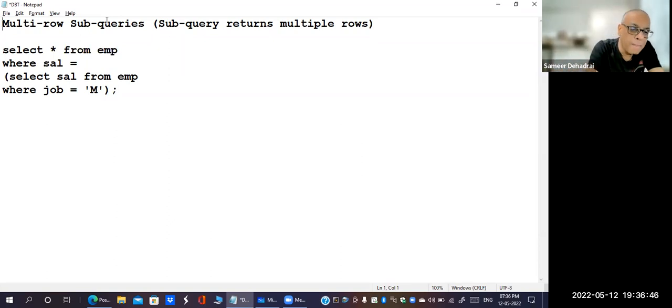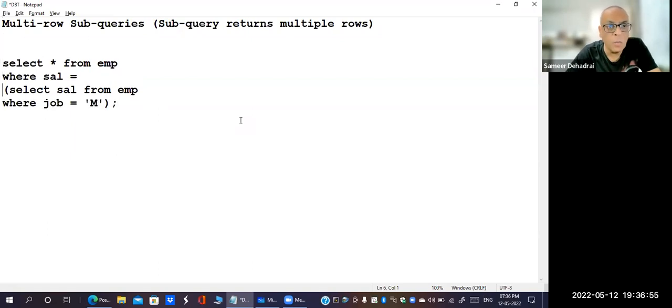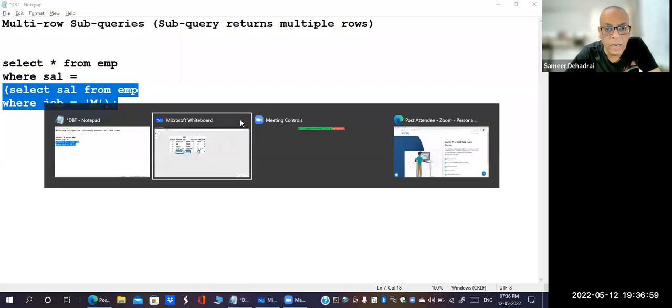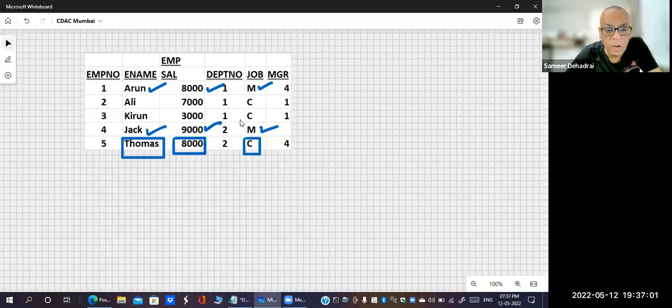Now just a minute. Himanshu, what happens here? First, my subquery will execute: select sal where job equal to manager. I have two managers, Arun and Jack, receiving a sal of 8,000 and 9,000 respectively.